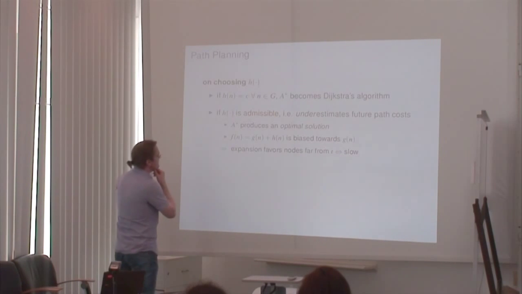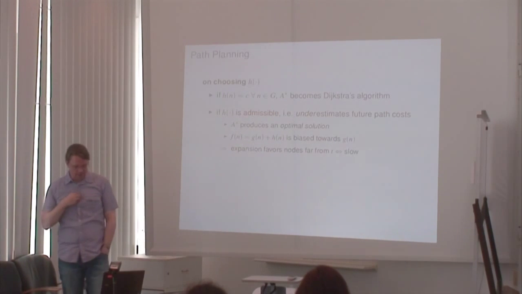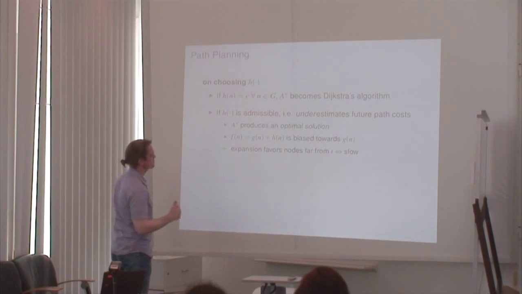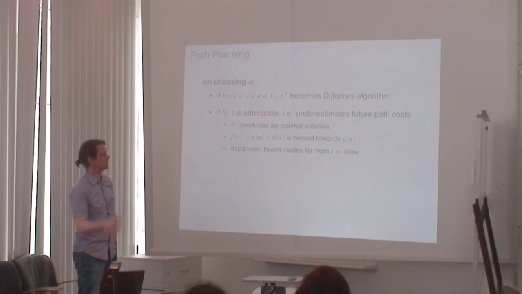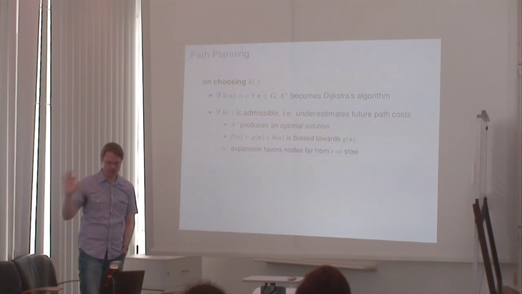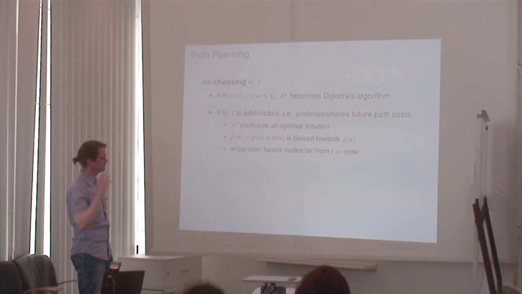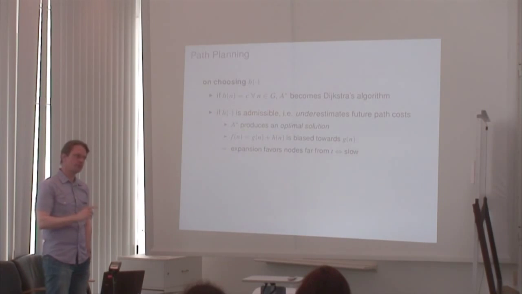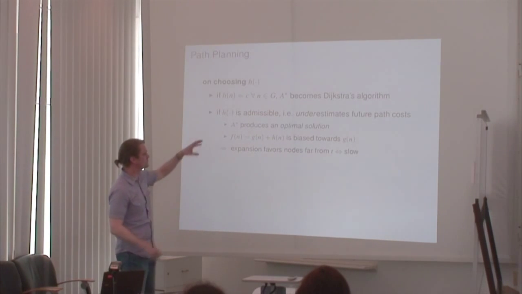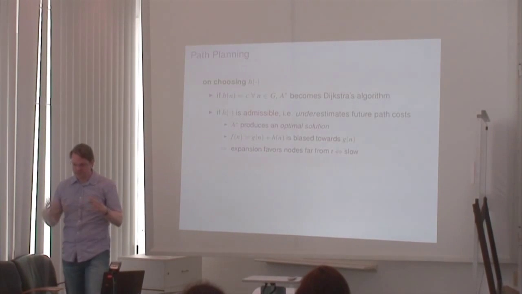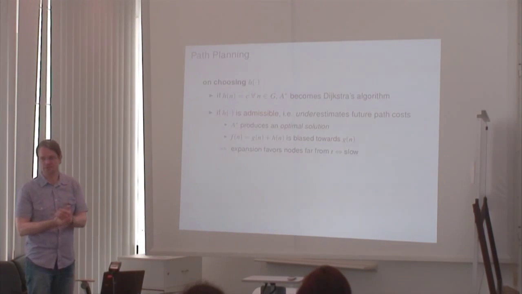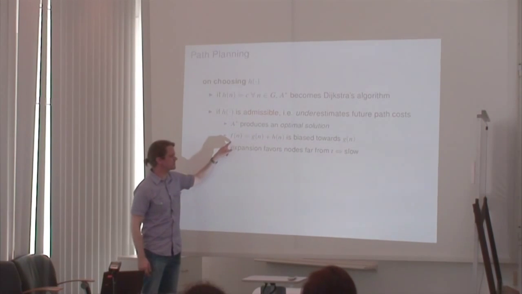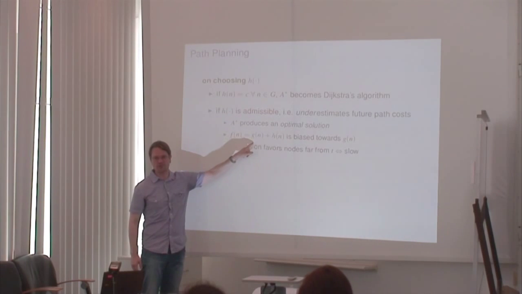And if H is an admissible heuristic, that is, if it is a function that underestimates the future path costs, then we can prove that A star will produce the optimal solution, will definitely do it. And in the example we just went through, we already saw that for an admissible heuristic, a heuristic that underestimates the future path cost, it may happen that this function f is biased towards this first term g. Right?